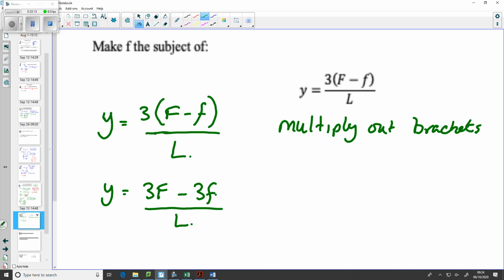But when we're rearranging, because it's all of that divided by that, it implies that top bit's in brackets. We need to shift this L first before we can do anything with the numerator. So how can we get the L over the other side?